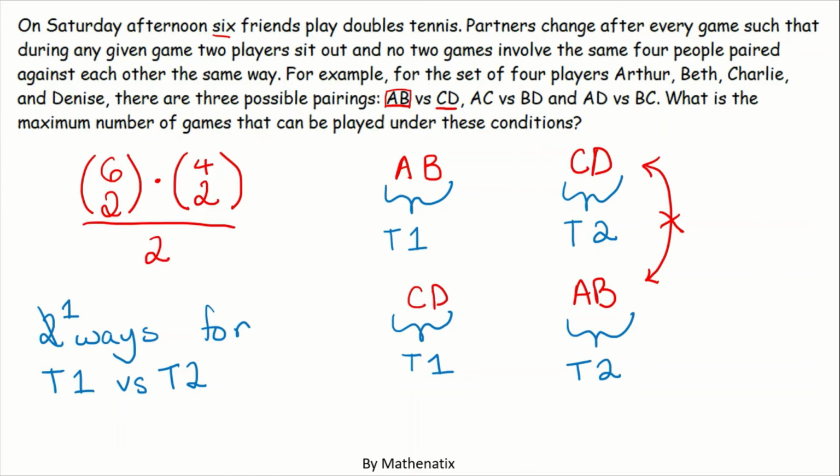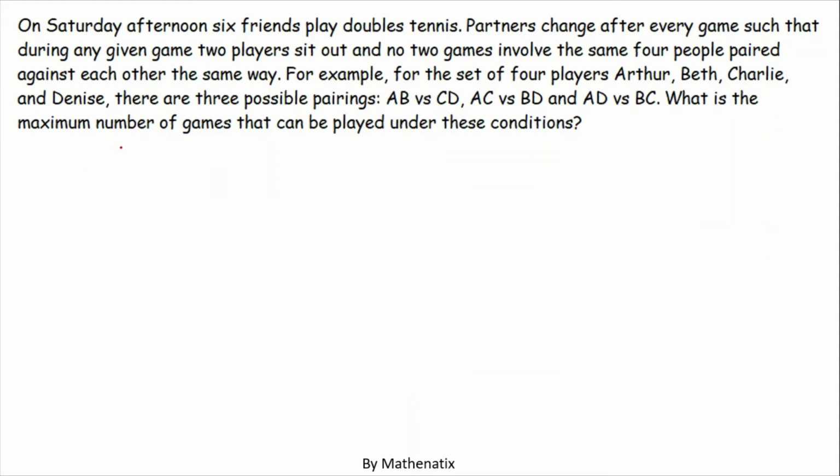And now it's time to calculate our answer. Well, 6 choose 2 times 4 choose 2 over 2. Let's just rewrite that. 6 choose 2 is just 6 times 5 over 2 times 1, which is 30 over 2, which is 15.